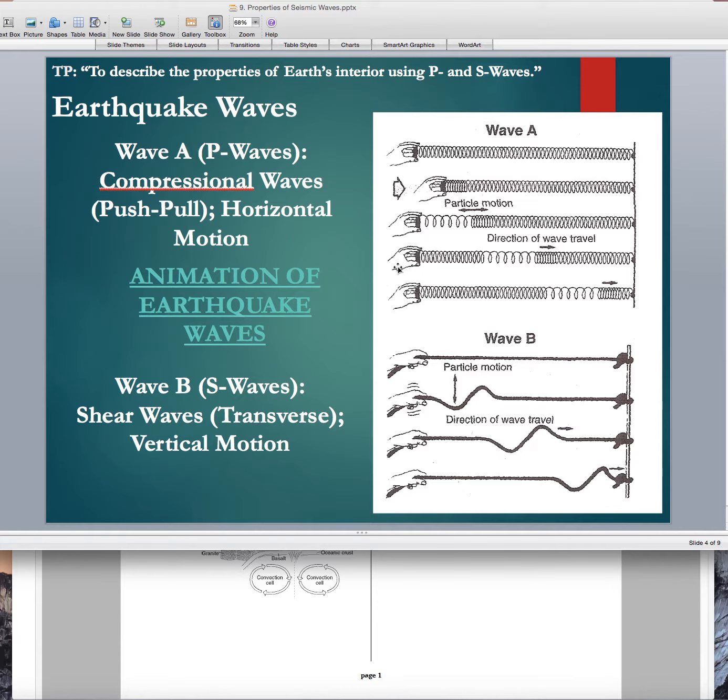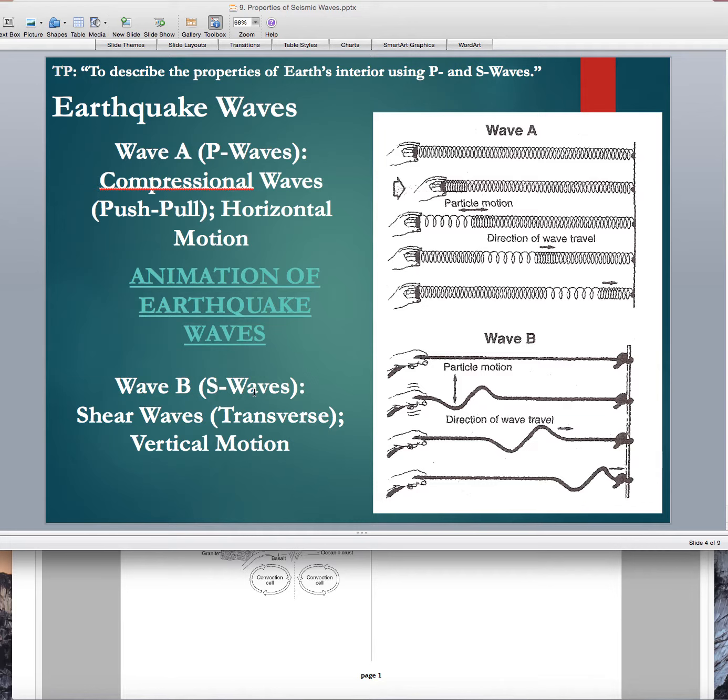Next, for wave B, we have a vertical motion, up and down motion, and it sends a wave, almost like an ocean wave, with a crest and a trough toward the wall, and it's going to go back the same way. So wave A are P waves, compressional. They're push-pull, horizontal motion.